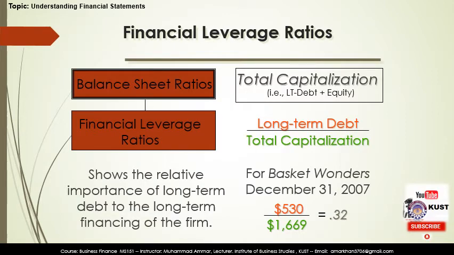The third financial leverage ratio is the total capitalization ratio, also known as a balance sheet ratio. In total capitalization, you can see they have taken long-term debt plus equity. This is the main point for calculating your total capitalization.